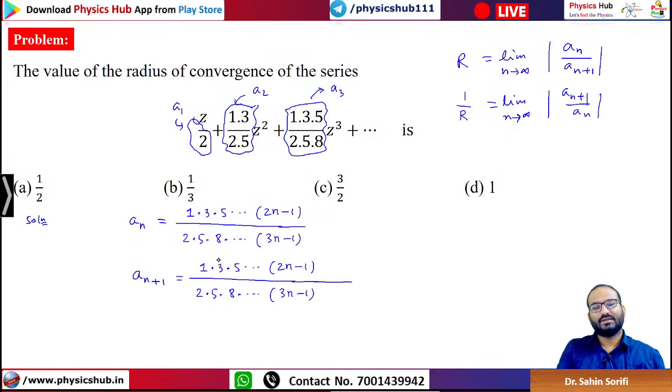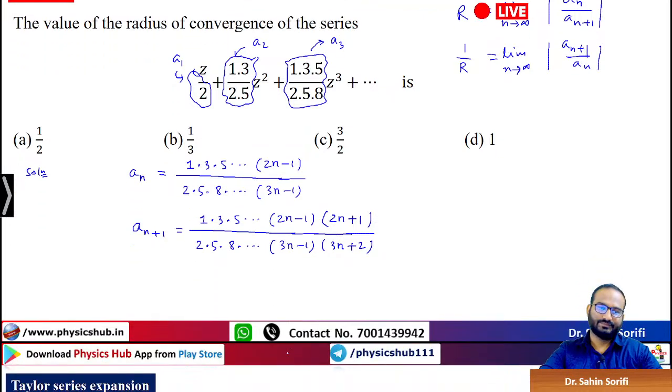Each term is increased by 2 units, 3, 5. So 2n minus 1 plus 2, that will be 2n plus 1. Here each term is increased by 3 units. So 3n minus 1 plus 3, so 3n plus 2. Can it be written in this way?